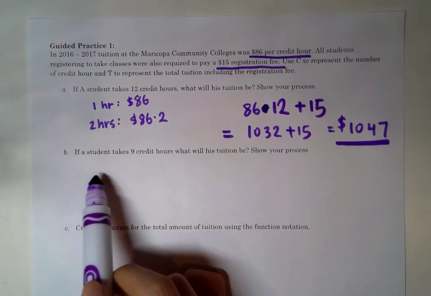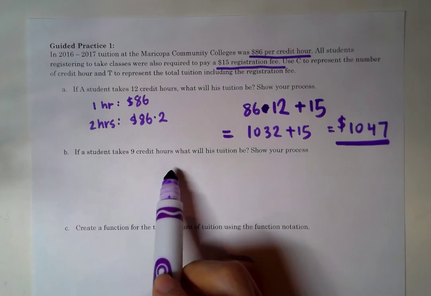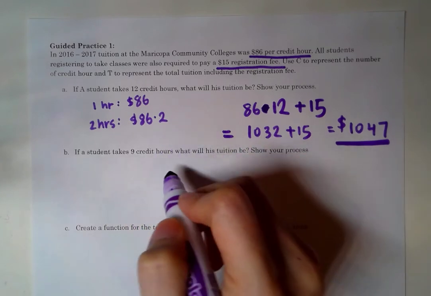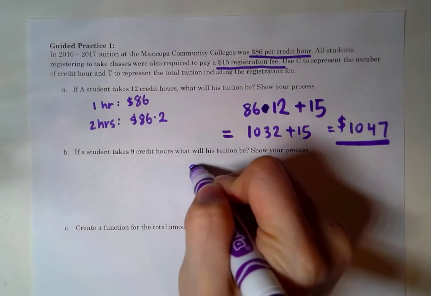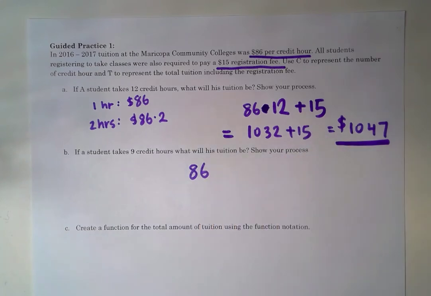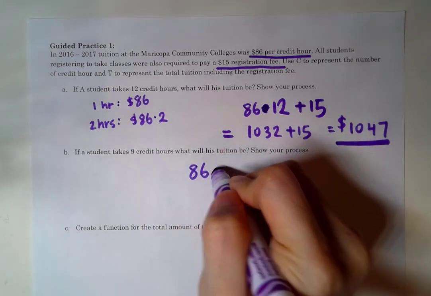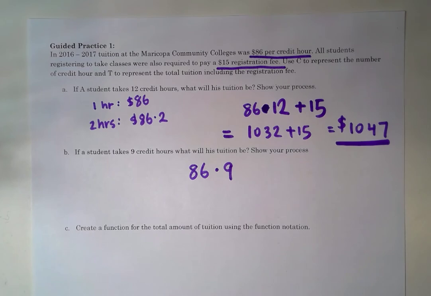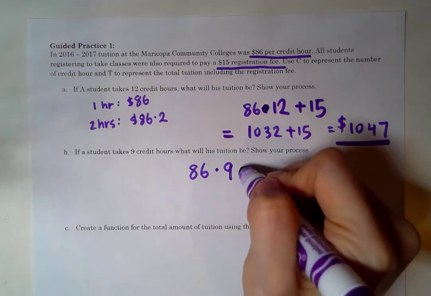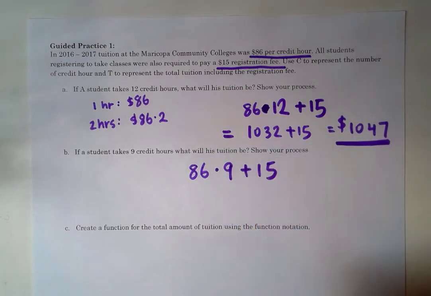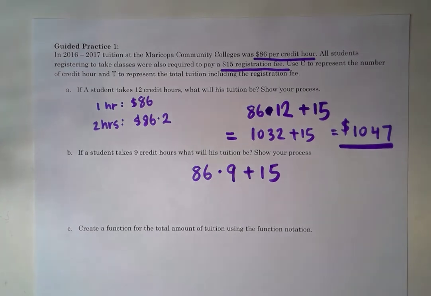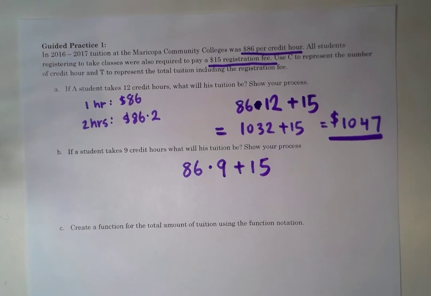B is a student who takes 9 credit hours. Then it will be $86 times 9 hours. And this student also needs to pay the registration fee, so that will be the total tuition for the year.